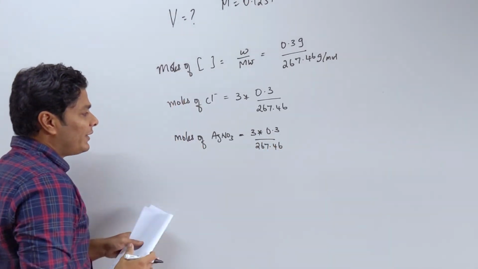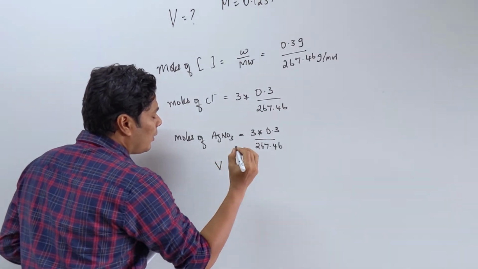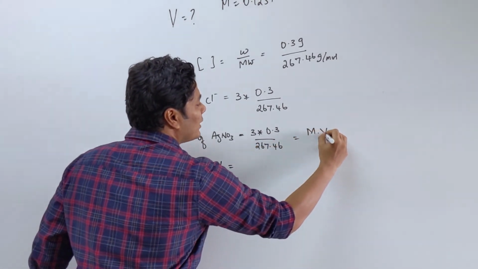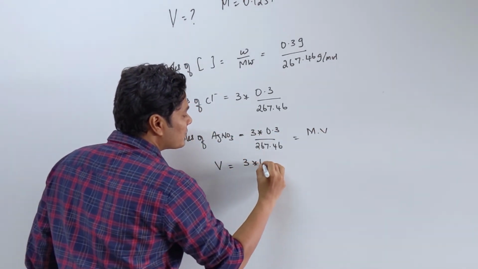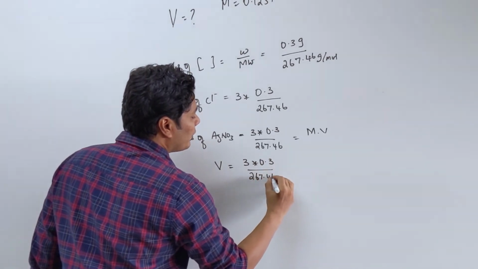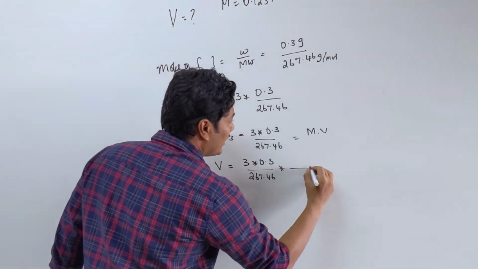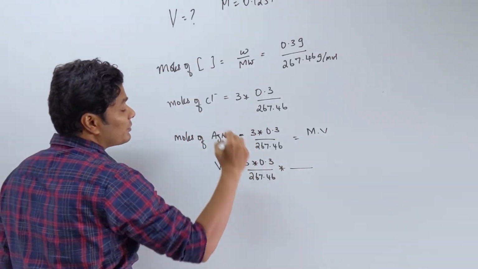Now I know my moles of AgNO3, they are asking you volume. Moles equals molarity times volume, so volume equals moles over molarity. So 3 times 0.3 divided by 267.46, now dividing that by my molarity, which is 0.125.